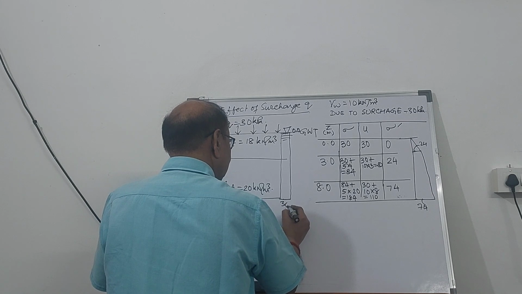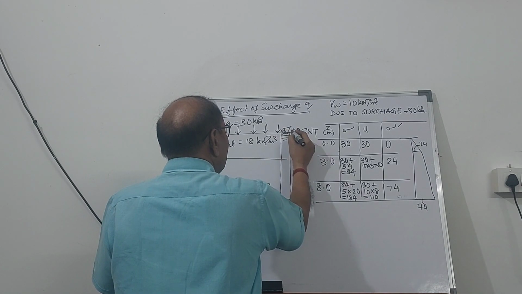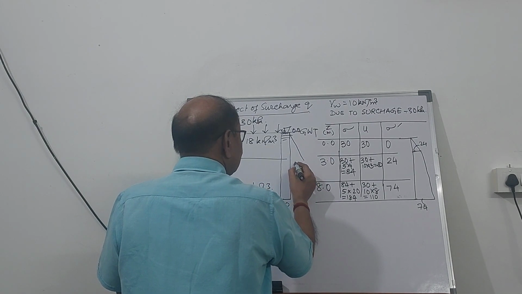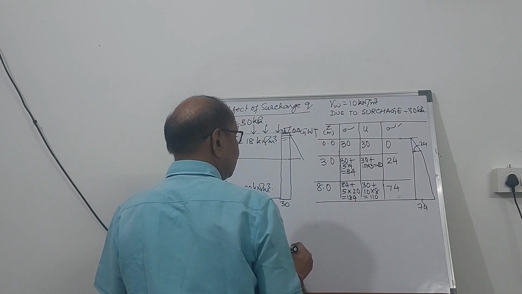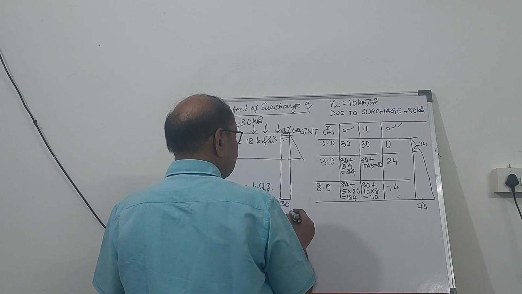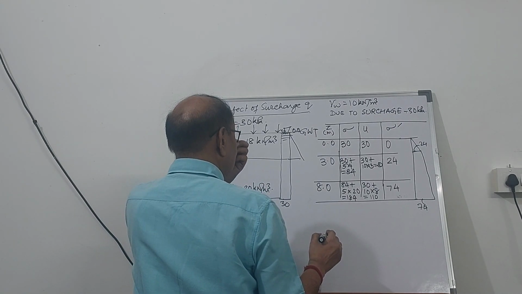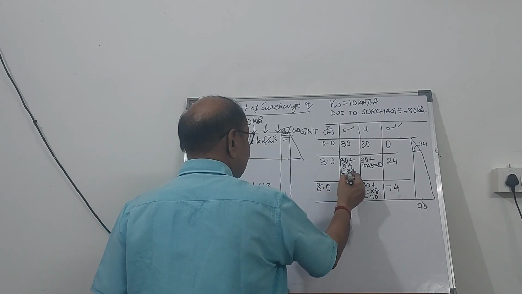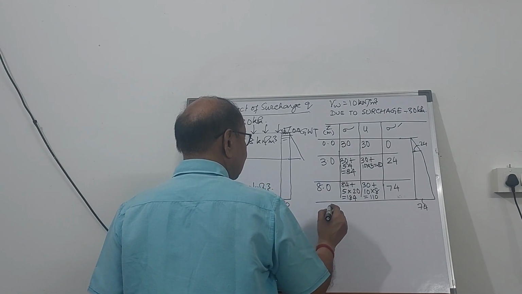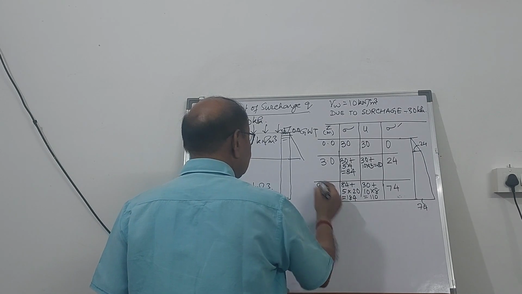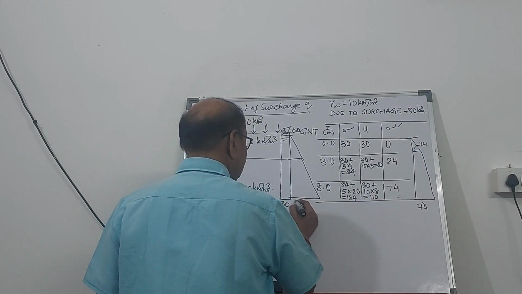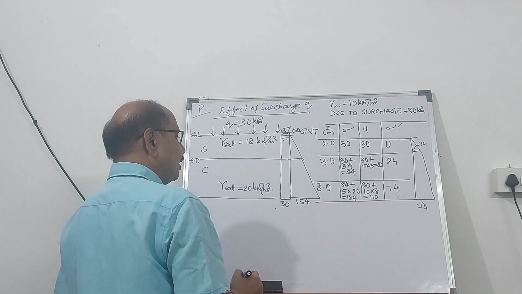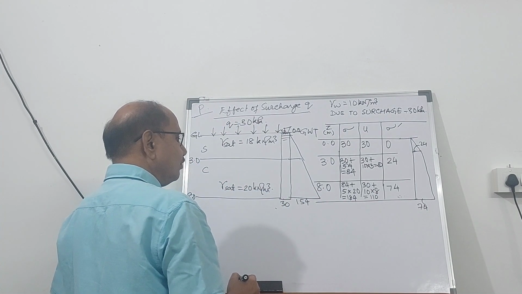So it is going to be 30 at the top, and then at 3 meter it becomes 54 plus 30, total 84, and at the bottom 154 plus 30, so it becomes 184.